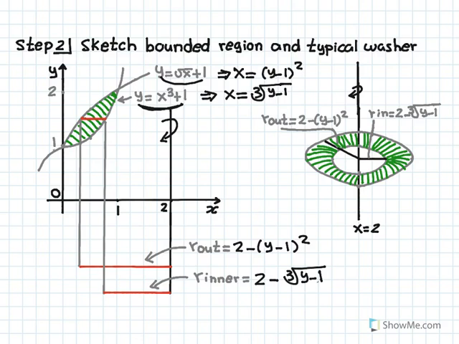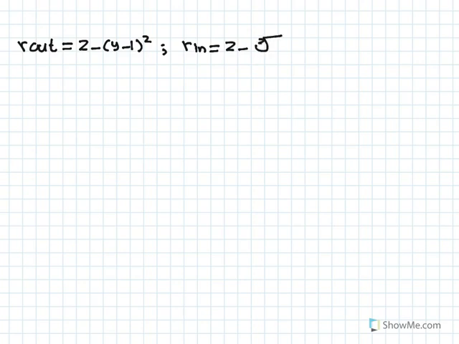All right, so now let's summarize what we've done. The outer radius is 2 minus y minus 1 squared. The inner radius is 2 minus the x value corresponding to the cubic function, that's 2 minus third root of y minus 1.